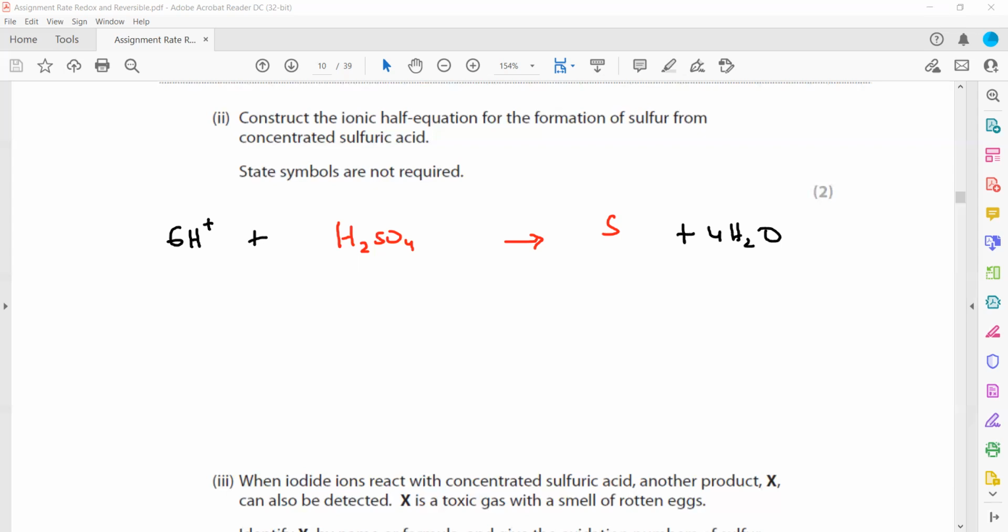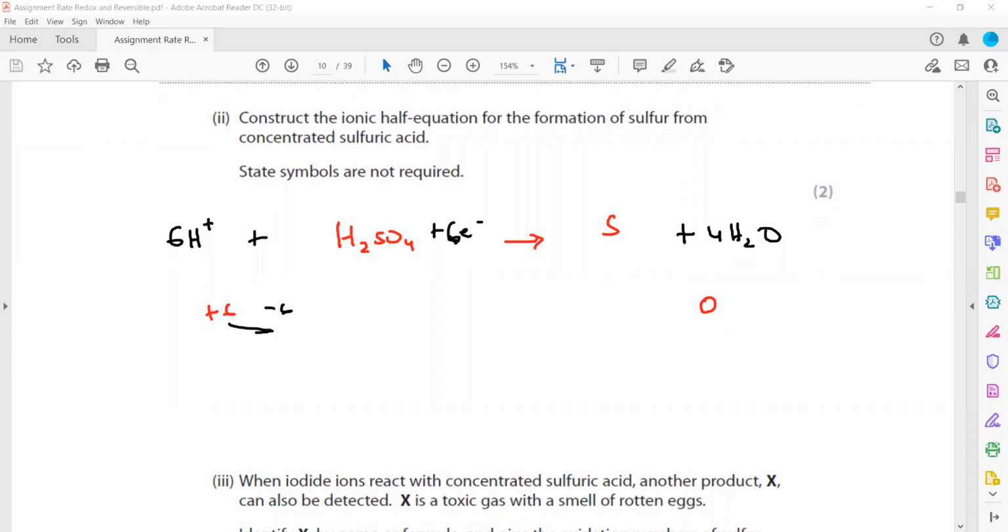Then we have to balance the charge. How to balance the charge? So this is plus 6 on the left hand side and neutral on the right hand side, because there is a sulfur atom and water molecules. So to make it neutral on the left hand side, we add electrons. So how many electrons should I add? I should add 6 electrons, because each electron is -1, so 6 electrons will be -6.